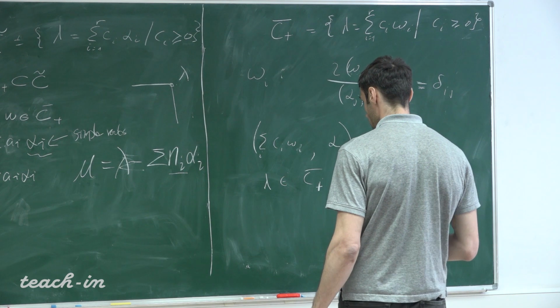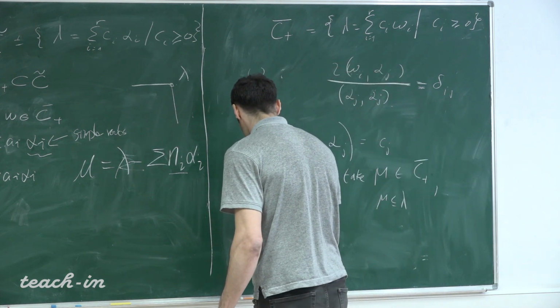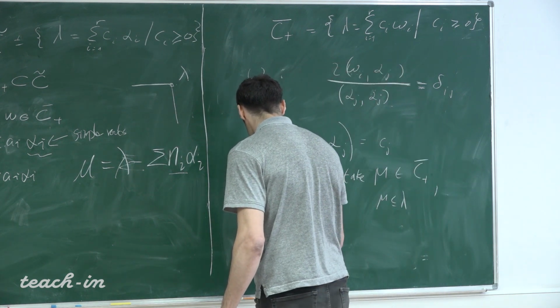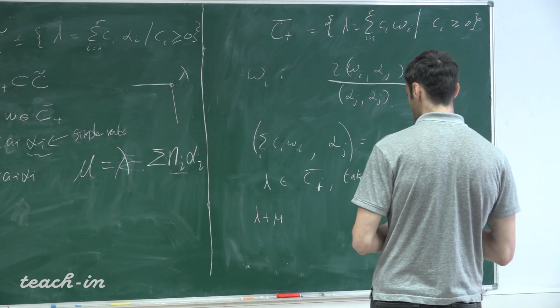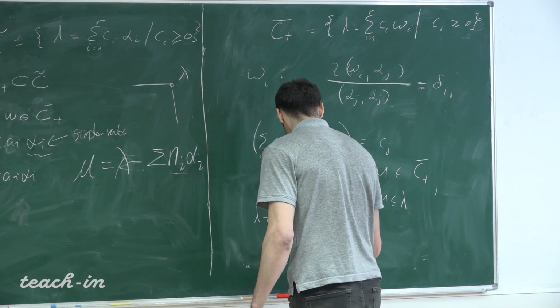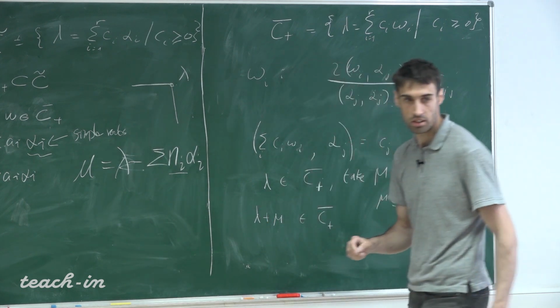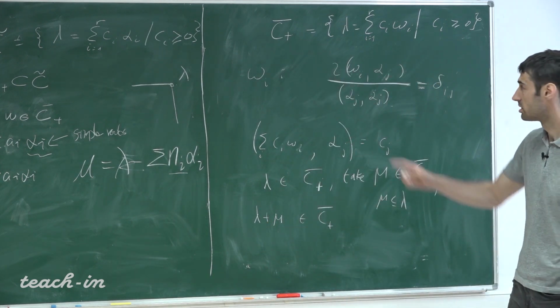Then I have that lambda plus mu is in C plus bar, of course, just because of that.